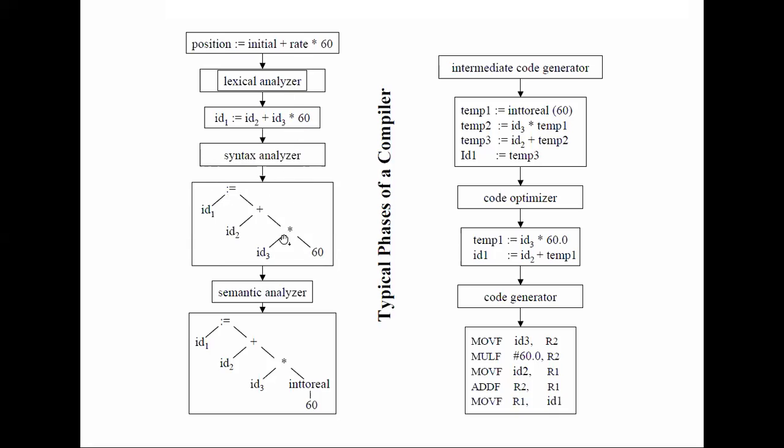Star is the root node, and one leaf node has ID3 and another leaf node is 60. Then this total I am going to add to ID2, so that is a plus operation. This total is one child, and another child is ID2. Then this total I am going to assign to ID1, so that is equal to, which I add as the root node, with one child this and another child this. So now the operation goes down this way, and the final answer is stored.